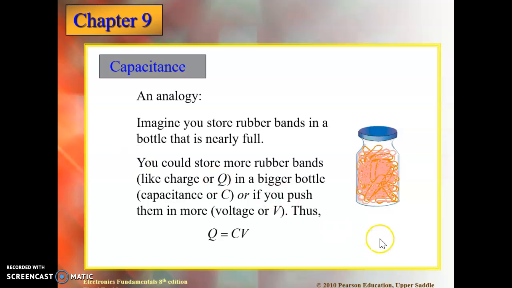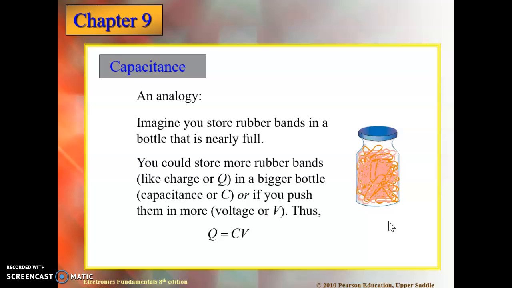Let's look at an analogy for capacitance. Imagine you store rubber bands in a bottle that is nearly full. You could store more rubber bands, like the charges in this case, if the bottle, the capacitance, is bigger, or if you push them in with more voltage.